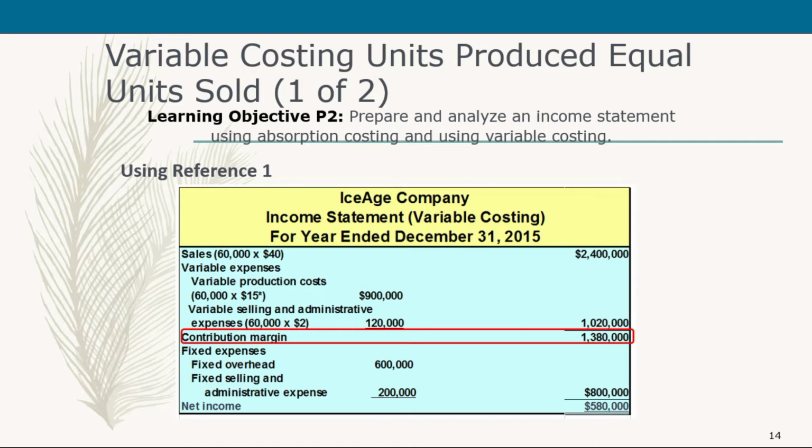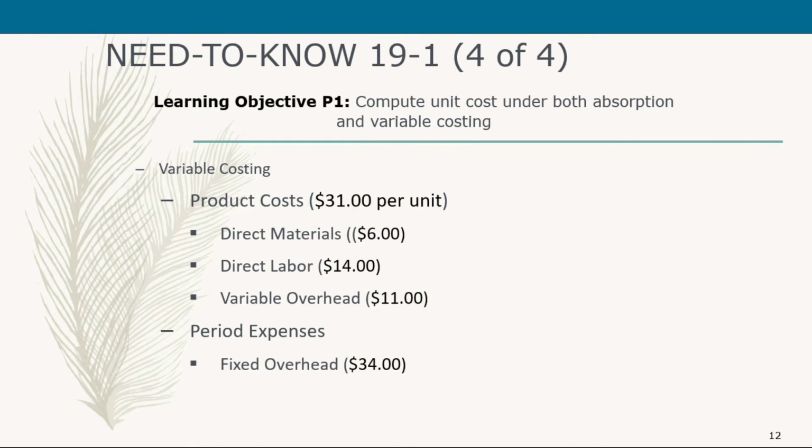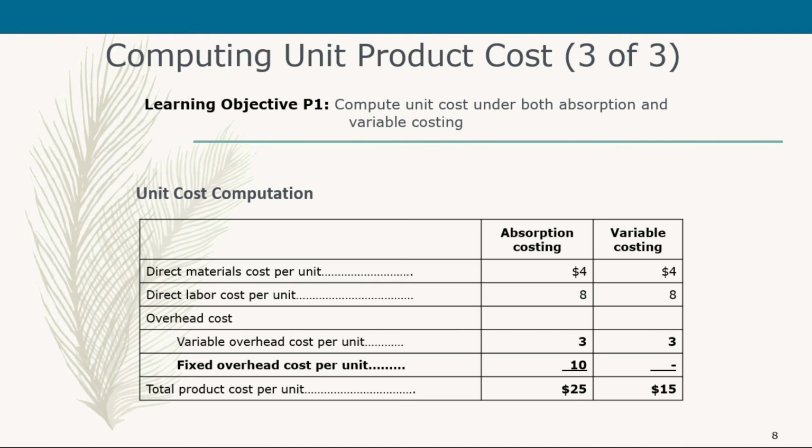So in here, how do we get your variable production cost? It is the units that you sold multiplied by the product cost under your variable costing. So how did we get that? We'll go back to this slide. We have here your product cost under variable costing of $15.